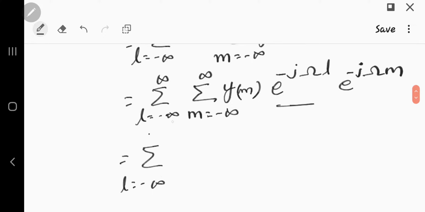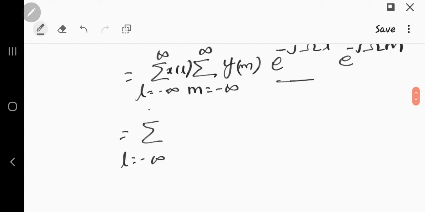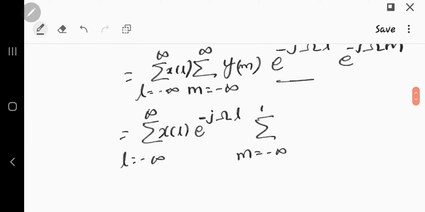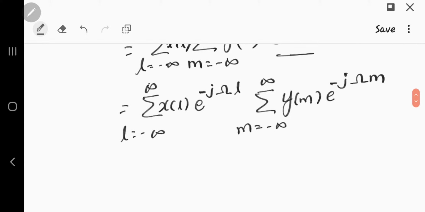So what you will get here is x of l e power minus j omega l into summation m equals minus infinity to plus infinity y of m e power minus j omega m.